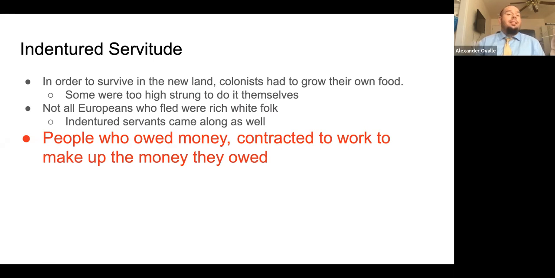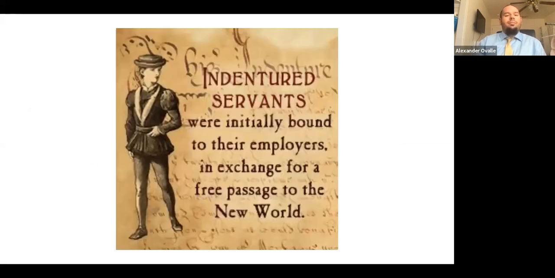And also indentured servants came along as well. Now, indentured servants are people who owed money to these rich people, who were contracted to work to make up the money they had owed over a time period of their contract. Usual contracts lasted 7 to 9 years, 5 to 7 years, give or take, more, maybe less. And once those contracts ended, they were free to go.